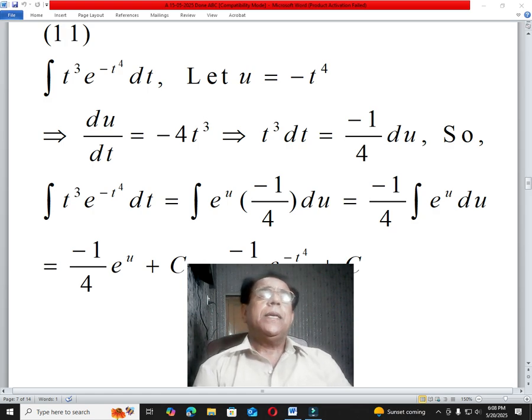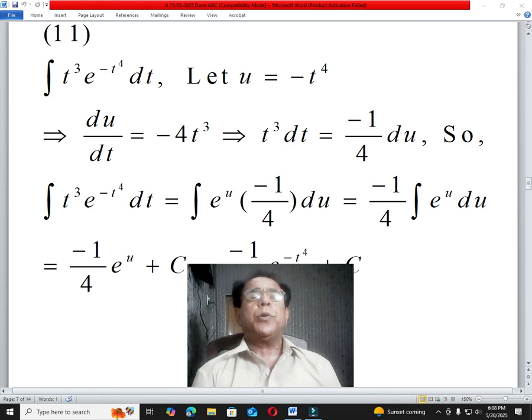From here, we will get t cube into dt equal to minus 1 by 4 du, because in the statement t raised to power 3 is given and dt is given. So in place of these two multiplying factors, we will substitute minus 1 by 4 du.